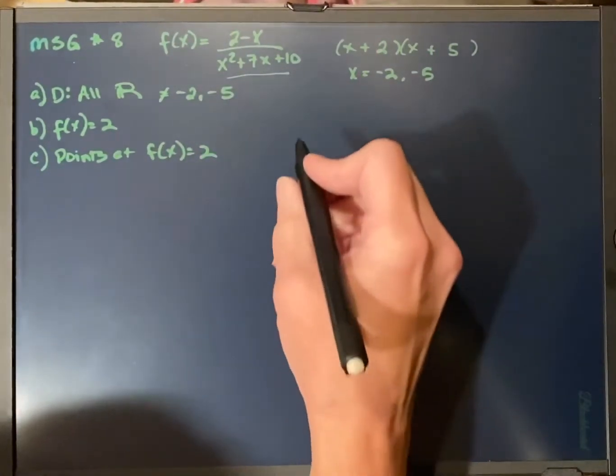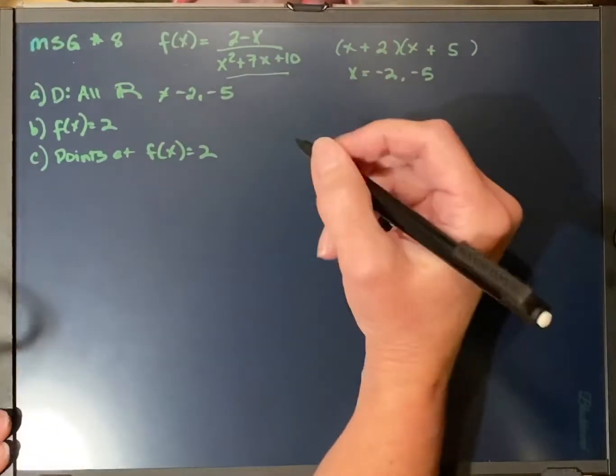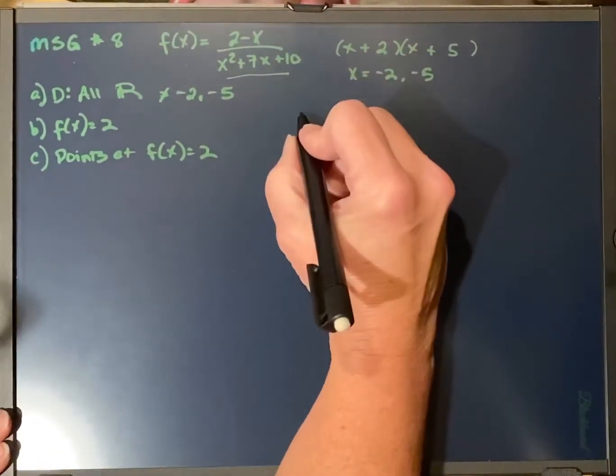And then for part B, it's asking us for what values of x make the function equal to 2.